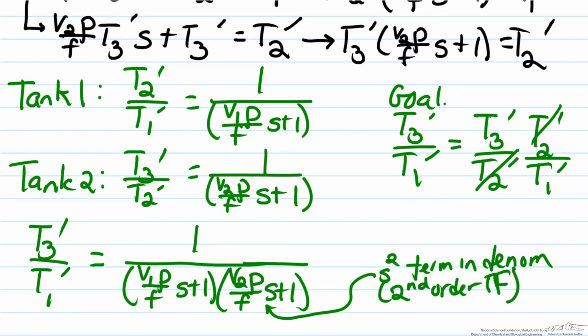So this shows the fact that although many chemical processes do not have second order dynamics naturally, if you put multiple processes together in a control scheme, which can happen, we can develop transfer functions that are second order in spite of the fact that each of the individual processes is first order.